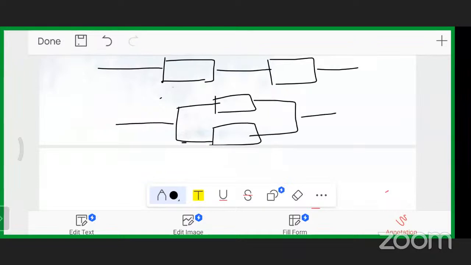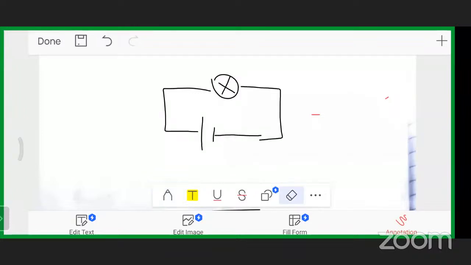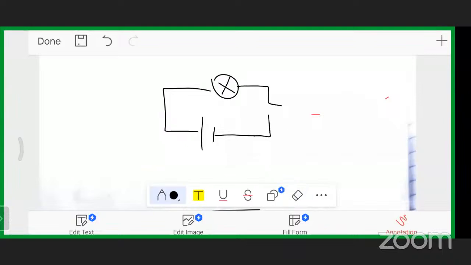Then a simple circuit having a bulb and something there. Like that. So this scenario, the last one I've just drawn, will the bulb light? No. Who has a reason as to why?